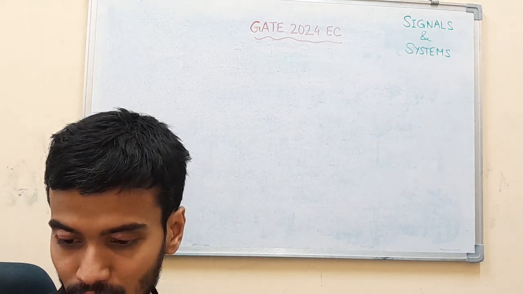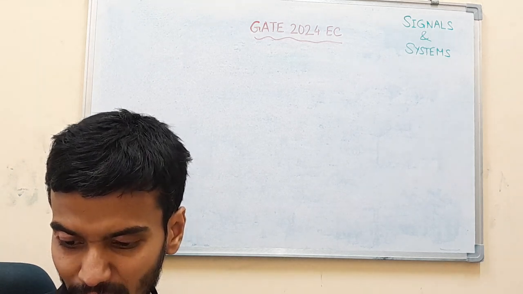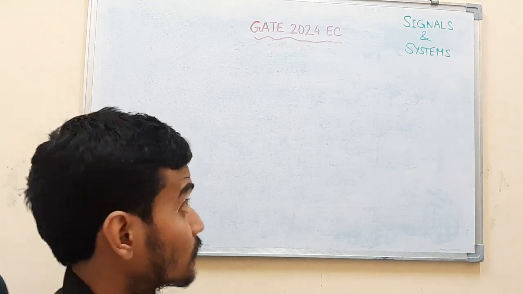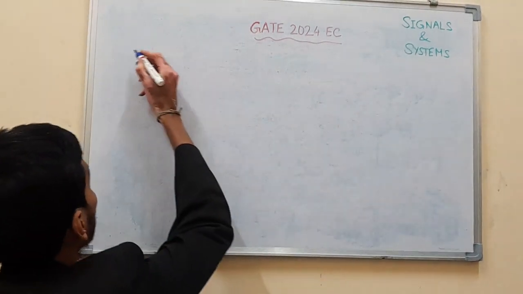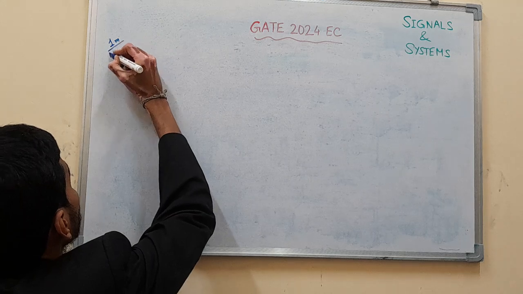MCQ type. Question number 21 in the official master question paper of GATE 2024 EC from the subject signals and systems is as follows. 1 mark.